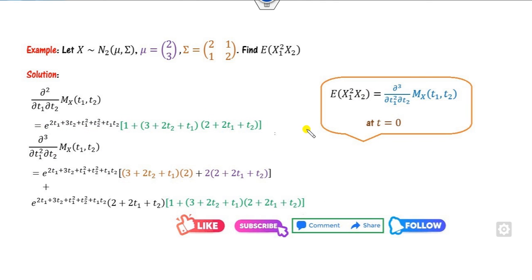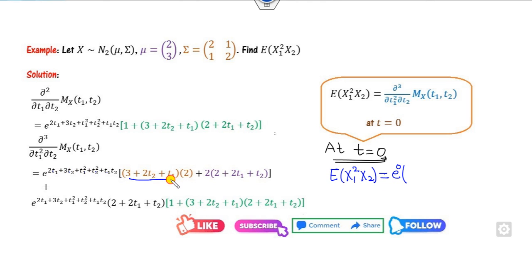Now you can substitute the value at t equal to 0. What is the value of this? So the left hand side will be my expected value of x1 square into x2. This will be e raised to power 0, 0, 0, 0 and 0. That means e raised to power 0.